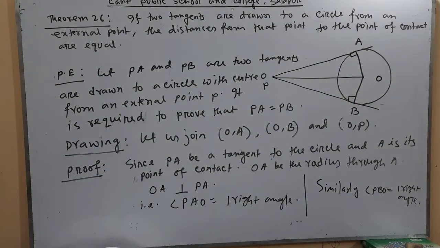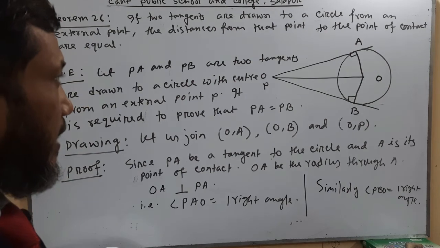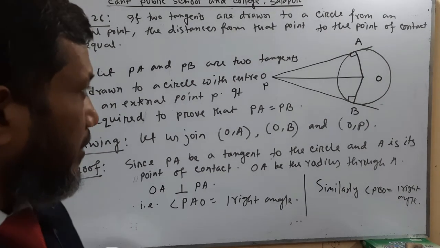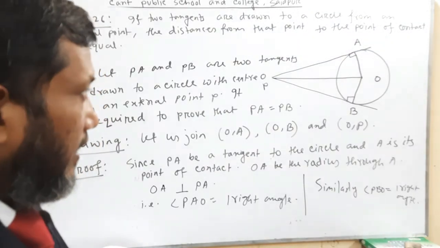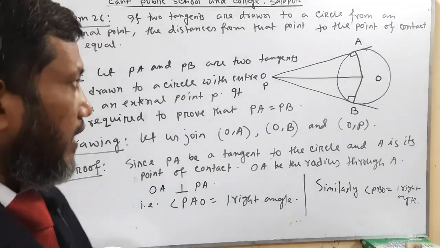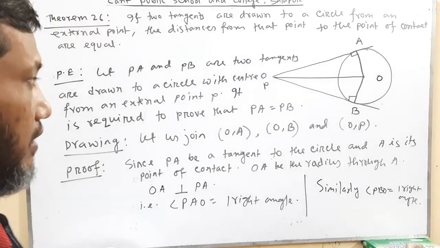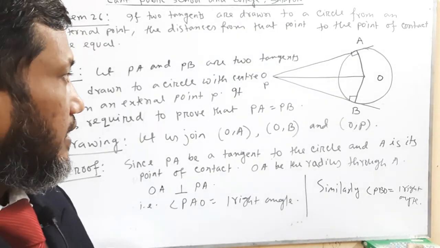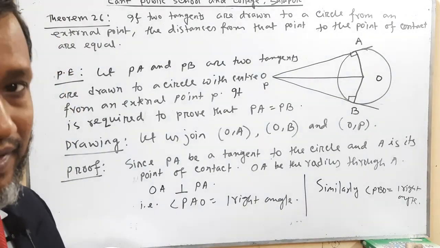So we can tell easily triangle PAO and triangle PBO, these two are right angled triangles, because we know if one angle of a triangle is one right angle, that is 90 degrees, the triangle is a right angled triangle.